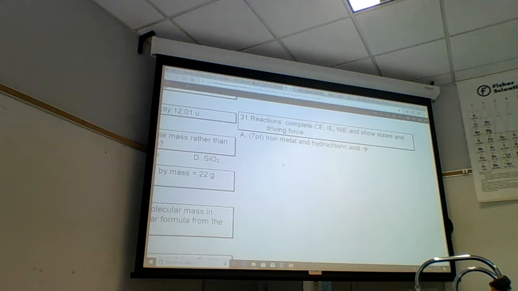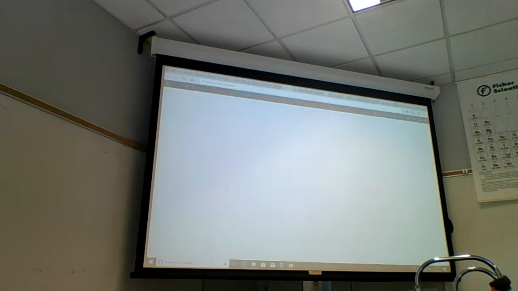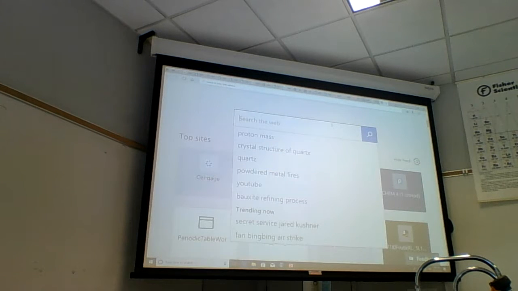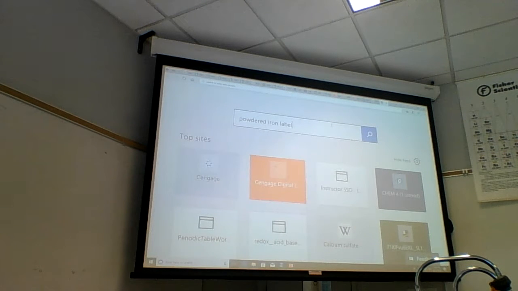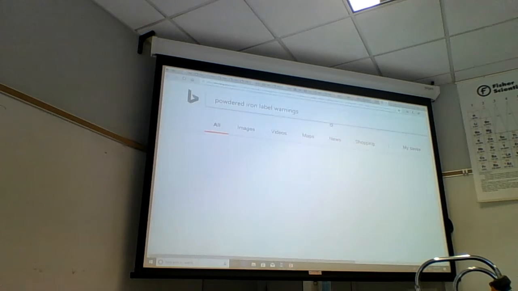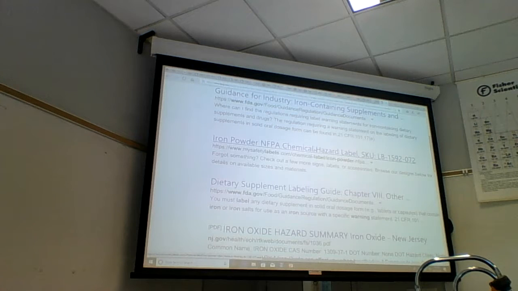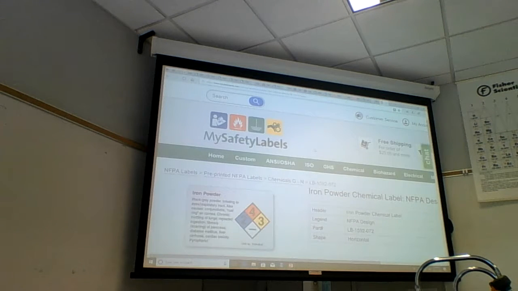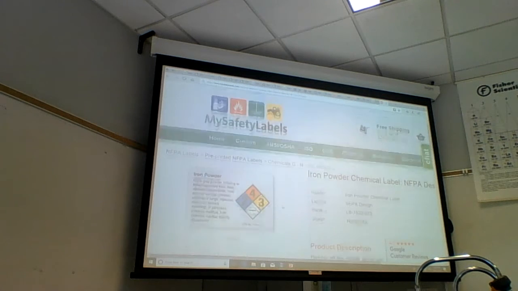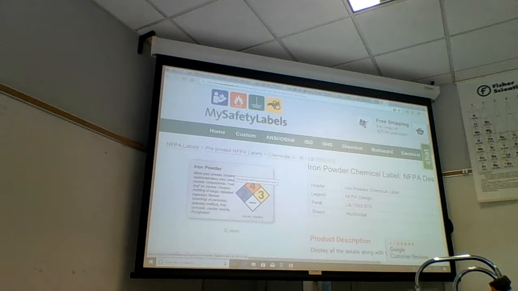And so iron is a pretty good reducer. In fact, if you buy a bottle of powdered iron, and you read the label, I don't know if you like to read the label, but let's take a look. Powdered iron label. Warnings. You see this red number 4?